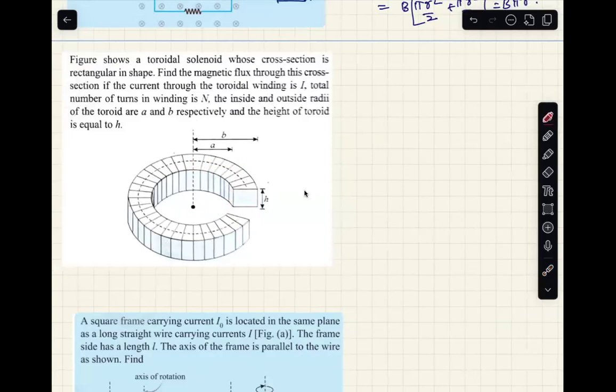Now, if you allow me, I am showing you the picture here like this. Take one element over here.